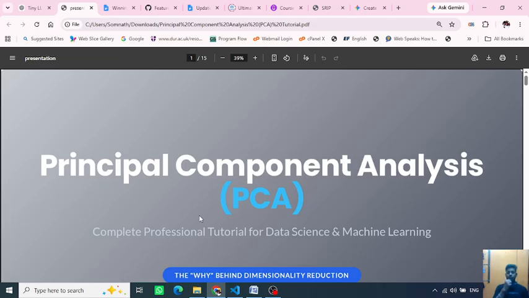Before we start, I want to say that many people may know that PCA is actually a process to reduce the dimension of the data. Dimension means the number of features or columns, you can easily understand it that way.